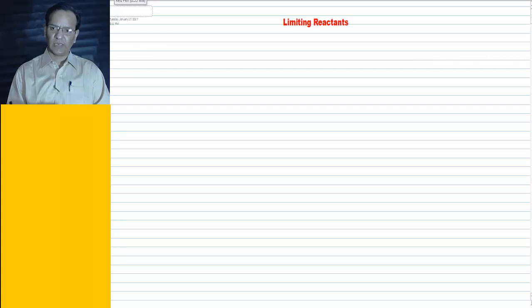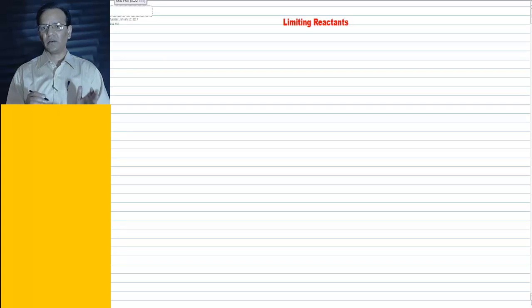Limiting reactant, as I have already said, if the reactants are not supplied in a stoichiometric mass ratio, then one of the reactants will be reacted completely and another will be left unreacted at the end to some extent.